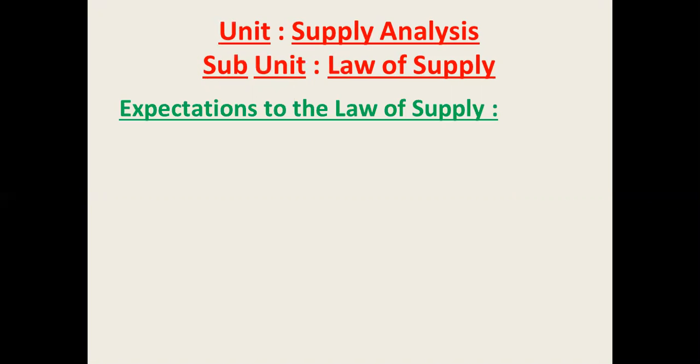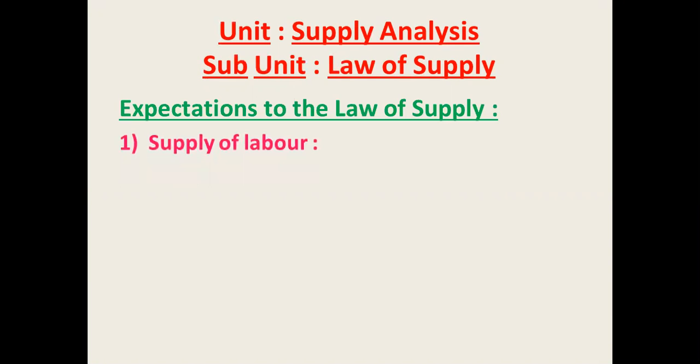In the last video, we never completed this law, the law of supply, because on that law there will be the statement, then introduction, then graphical representation, then the schedule. And most important are the assumptions of the law of supply. So in this video, we discuss the last point in the law of supply, the exceptions to the law of supply.